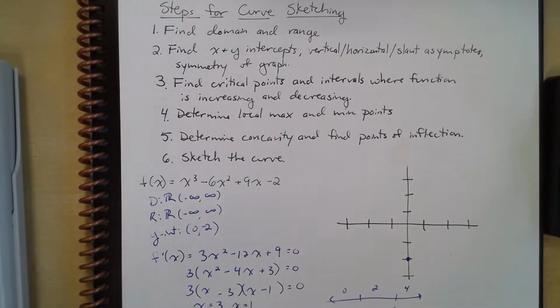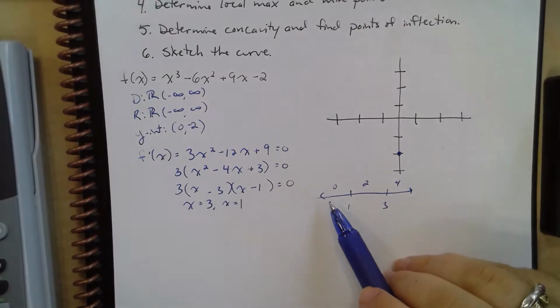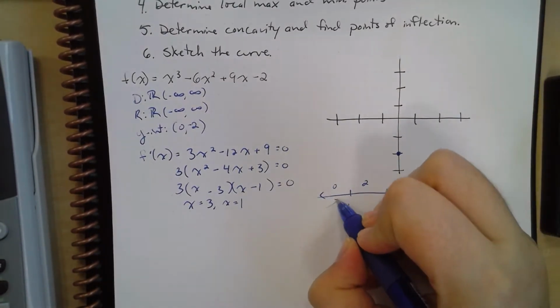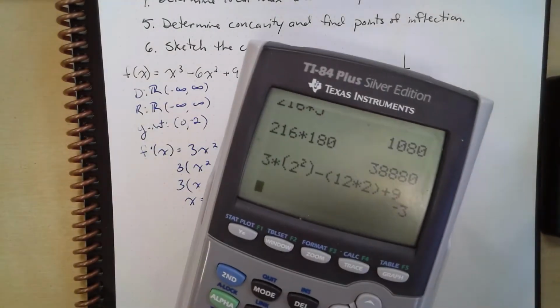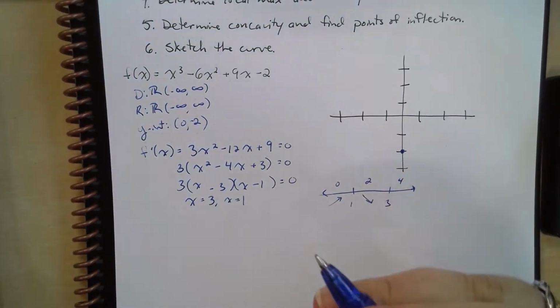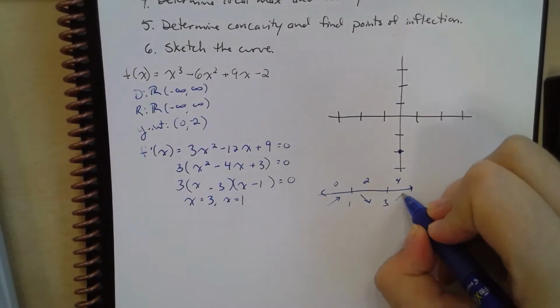If I put in 0, f prime of 0 is equal to 9, so that means this is increasing. Then if I put in 2, I did it in my calculator over here, that is equal to negative 3, and so that is decreasing. And if I put in 4, we get a 9, that's positive, so that's increasing.